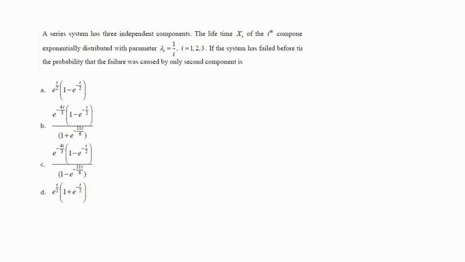Okay, so what is given here is that a series system has three independent components. Now you need to understand two things.